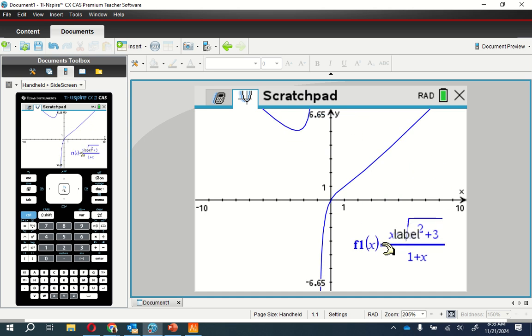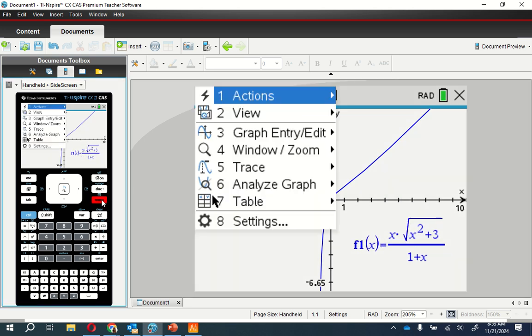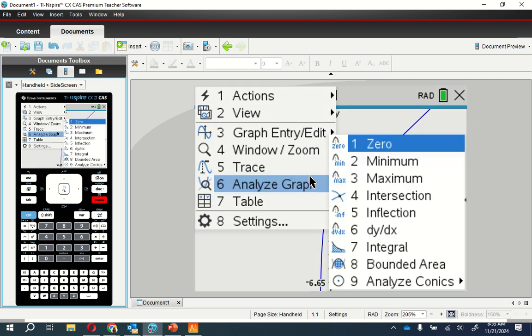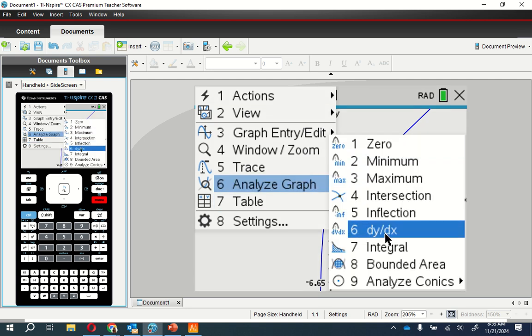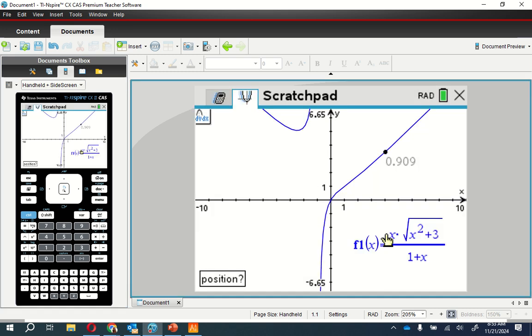Dang, that's all craziness right there, right? So, menu, analyze graph. Right here, dy dx. So that's gonna give me the slope at a singular point. And I'm gonna pick the point number 1.